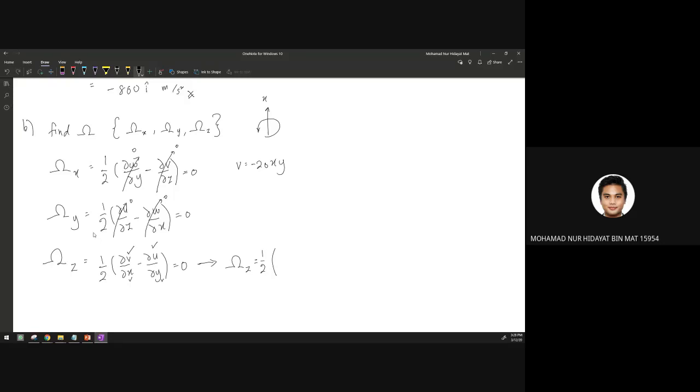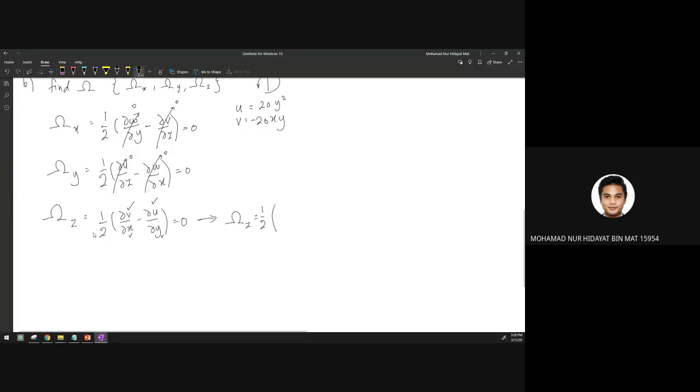Alright, and our u here is 20y squared. So we have small v. We need to differentiate the small v with respect to x. So this is v. Differentiate with respect to x, we will get negative 20y. Very good.